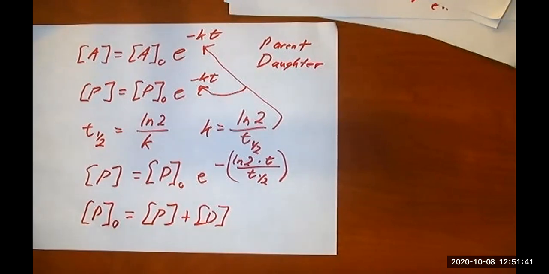You cannot prove that a step is an elementary step just from the kinetics. You can prove it's not by proving that the rate law doesn't match the stoichiometry. But there are plenty of cases where there are mechanisms that are multi-step that produce a rate law that is identical to what you would expect if it were a single step.